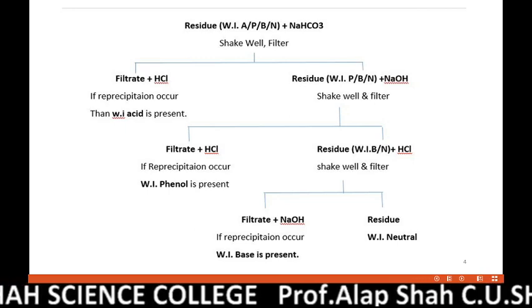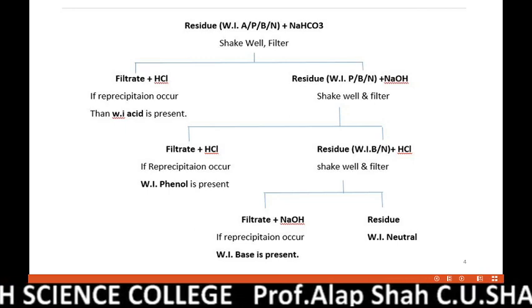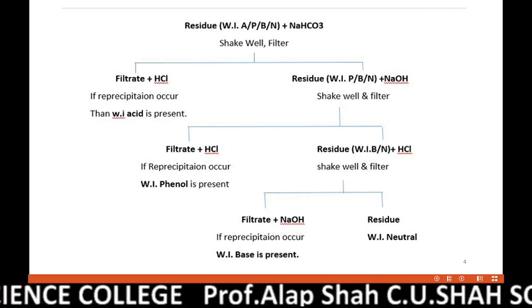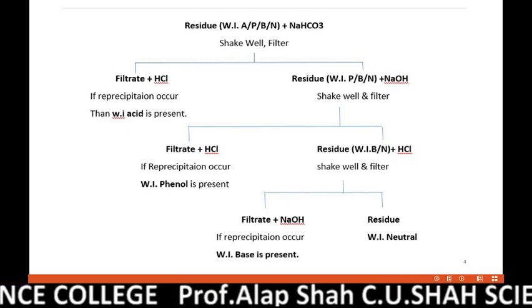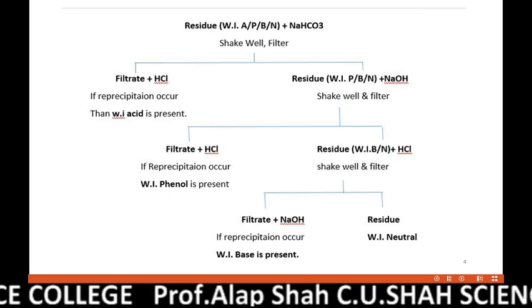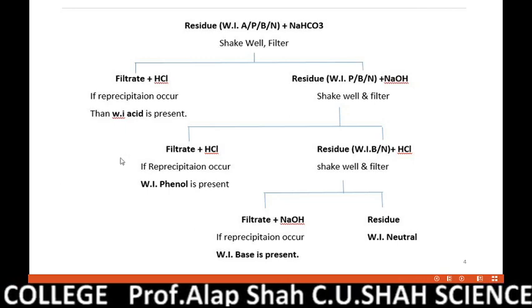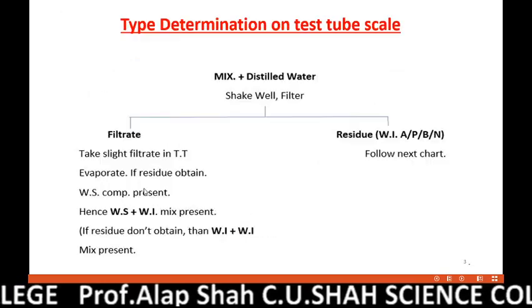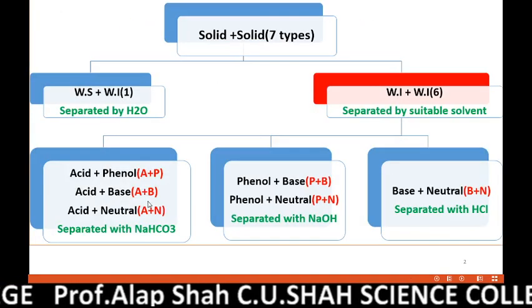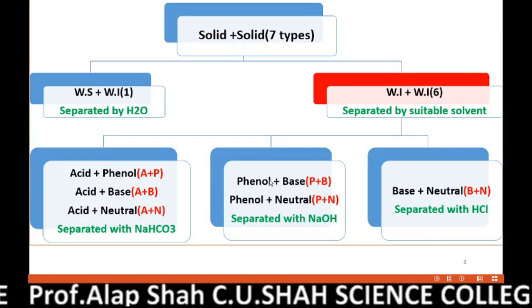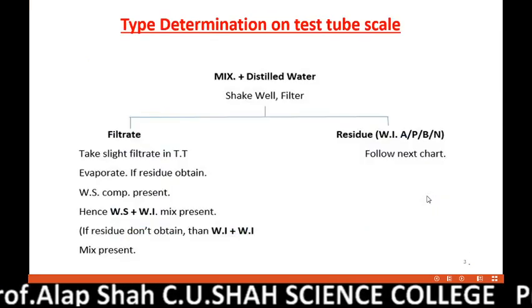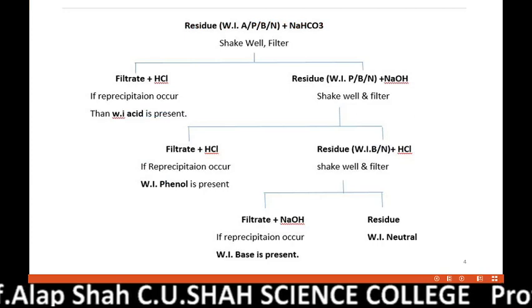Alpha naphthol and beta naphthol are mainly the two water insoluble phenols in your curriculum. But suppose you don't get water insoluble acid and water insoluble phenol also, then obviously these two are absent. In that case, the type of your mixture would be base plus neutral. But better to check it.